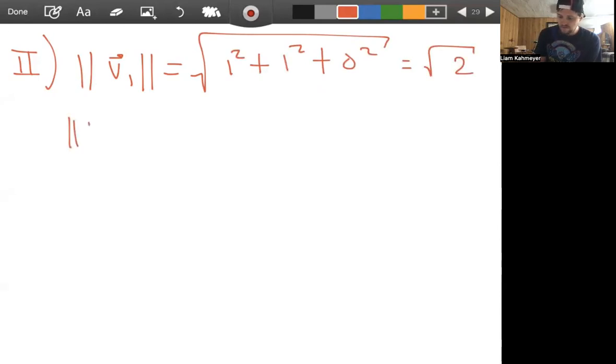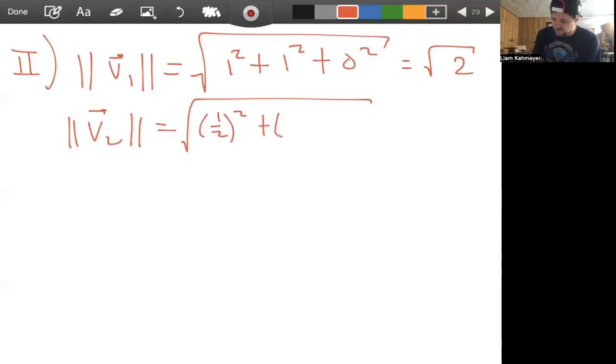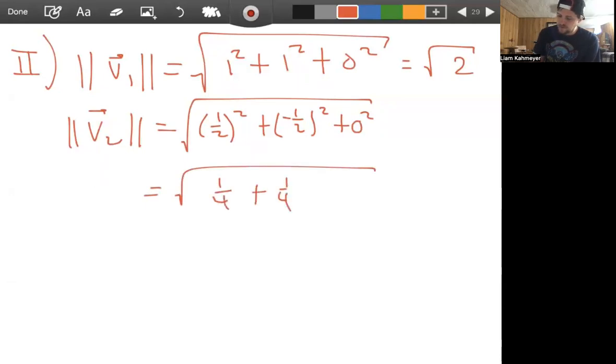And the magnitude of V2 is going to be root of (1/2) squared plus (-1/2) squared plus 0 squared, which is root of 1/4 plus 1/4, which is root 1/2, which is 1 over root 2. Let's just leave it like that.